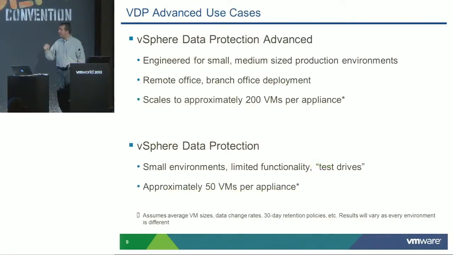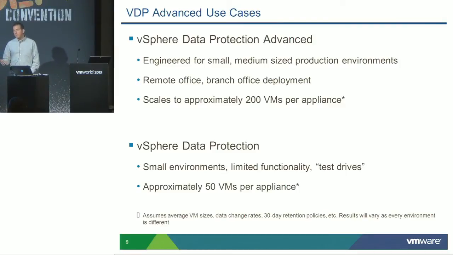There are two versions of VDP. There is VDP that is included with vSphere, so we consider that a feature of vSphere. It's included with Essentials Plus and higher at no additional charge. So if you already have vSphere 5.1 or higher, Essentials Plus or higher, then you have the ability to test drive this product using the included VDP that comes with vSphere.